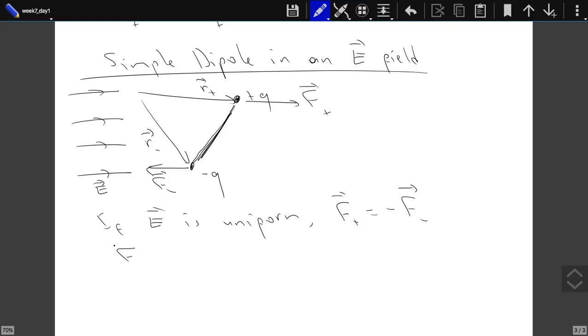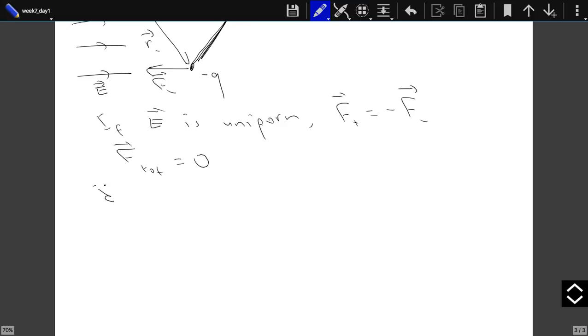So the total force will be equal to 0. There won't be any net force acting on our system. But nevertheless, there will be a torque acting on the system because these two forces are acting on different points. So let's calculate the torque.